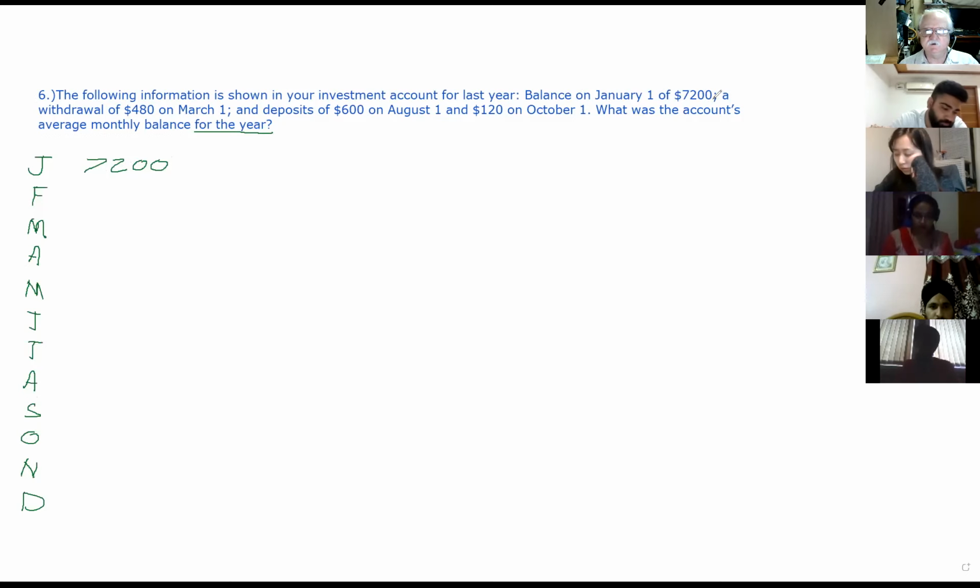They started with 7,200 and they withdrew 480 on March 1st. So minus 480. They deposited 600 on August. So plus 600. And they deposited 120 on October 1st.